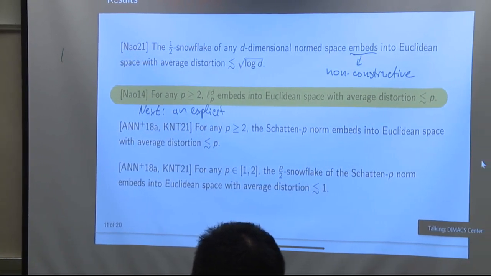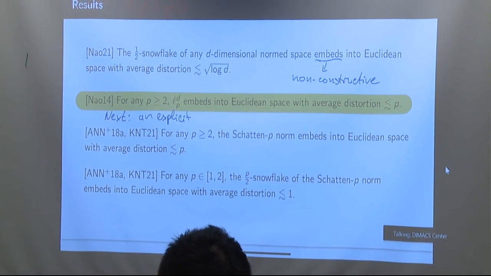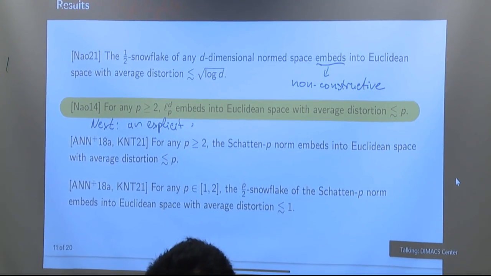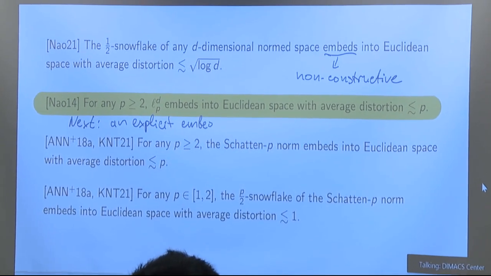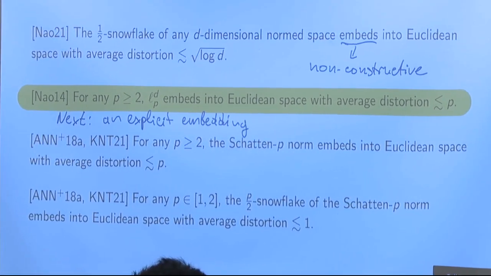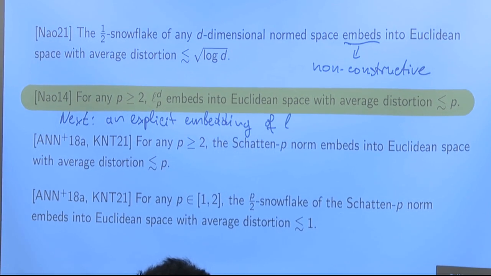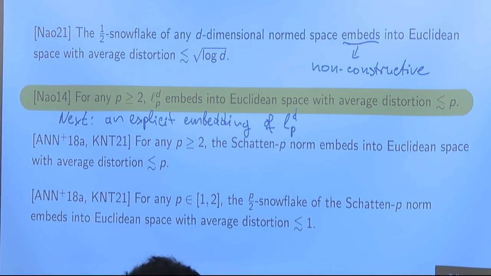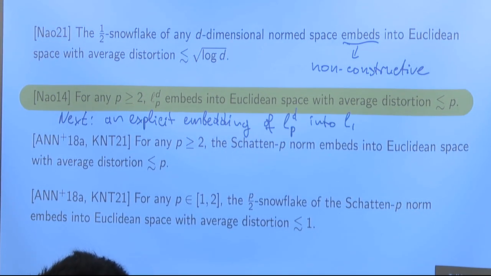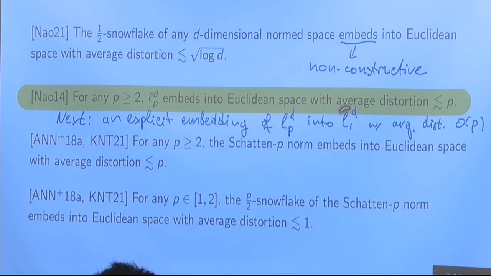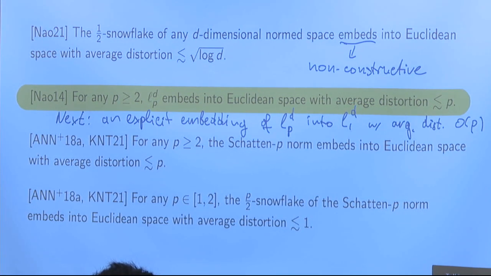Okay, so next what I want to show in the remaining time is a fairly explicit, efficient embedding of LP to the D into L1 to the D with average distortion on the order of P. I'm showing L1 to the D instead of Euclidean space, but everything I'm showing works into Euclidean space.